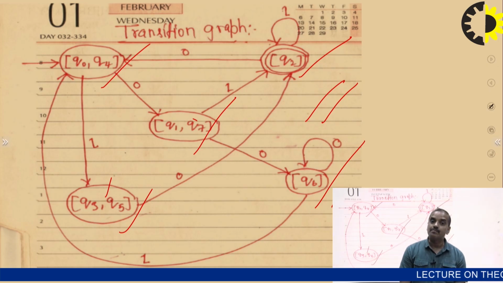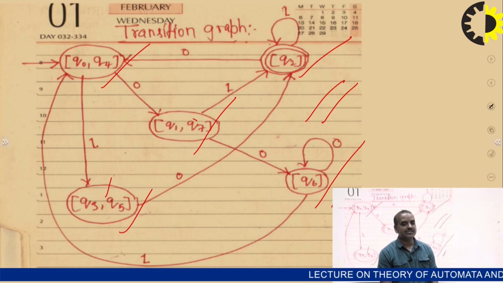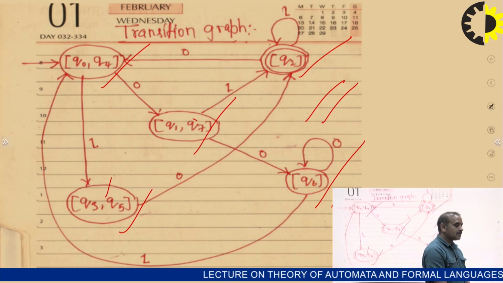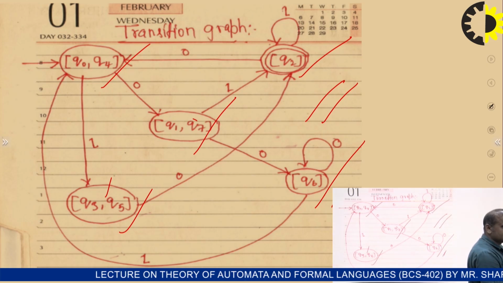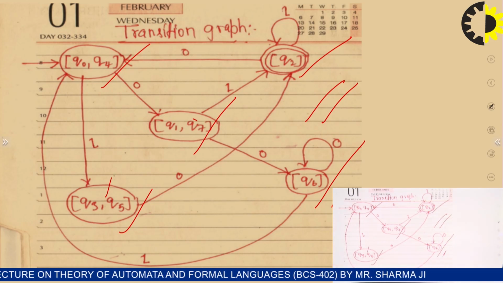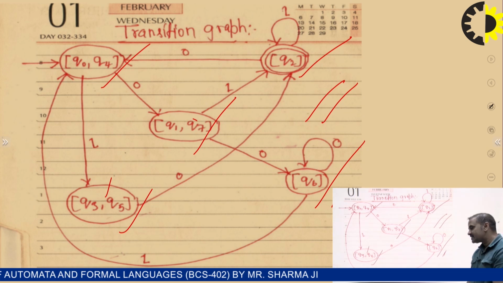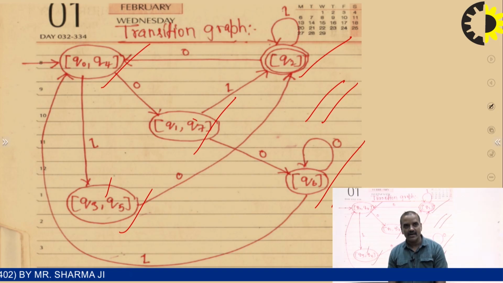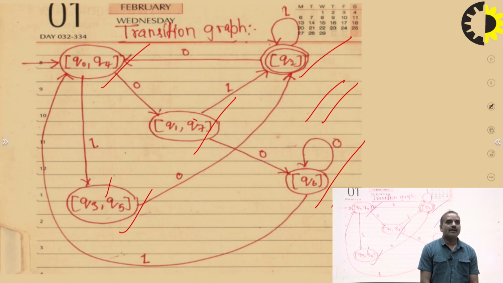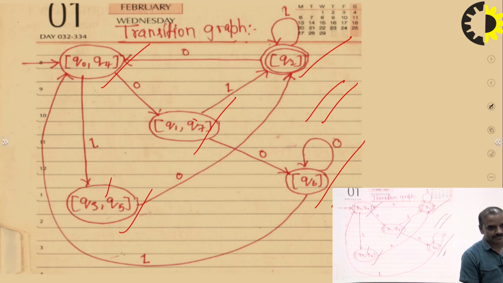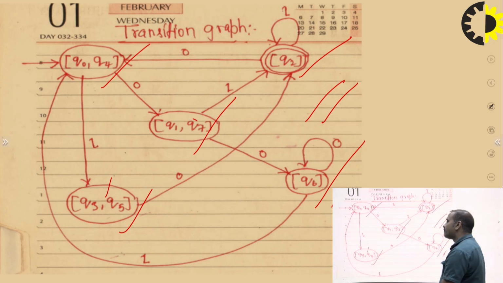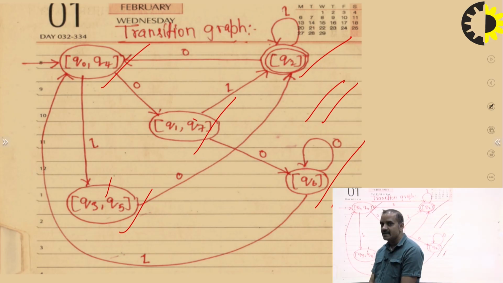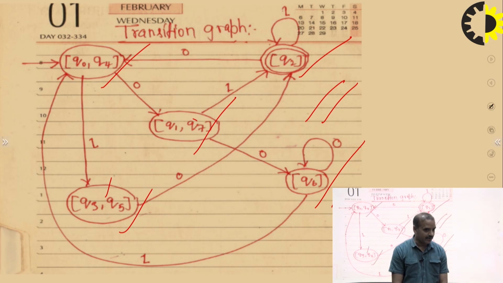How do we group the states? Initially, in the first step, we assume two sets. One set is for final states, and the other set is for non-final states. In the set of final states, we write all the states which are final, and in the set of non-final states, we write all states which are non-final.